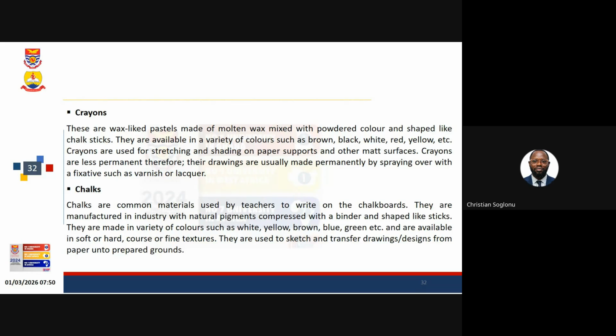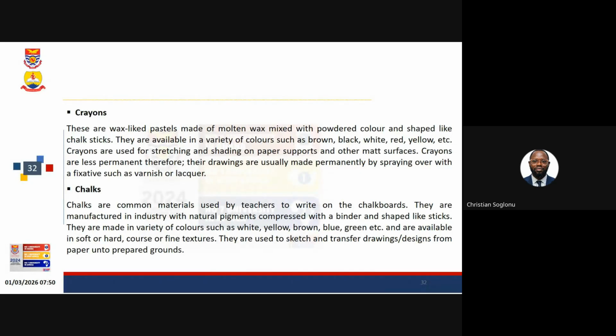They are available in a variety of colors, such as brown, black, white, red, yellow, etc. Crayons are used for sketching and shading on paper supports and other matte surfaces. Crayons are less permanent, therefore their drawings are usually made permanent by spraying over with a fixative such as varnish or lacquer. So we've all seen crayons before.